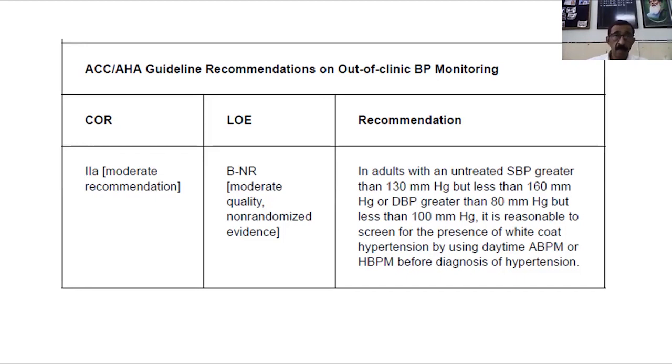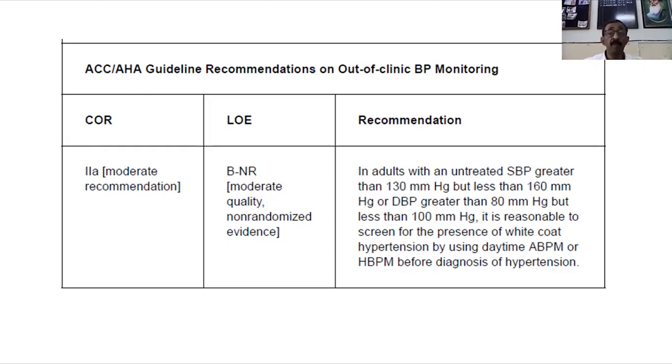Untreated systolic blood pressure between 130 and 160, or diastolic between 80 and 100. So if you have a person who has systolic between 130 and 160, or diastolic between 80 and 100, but is yet to start treatment, is not on treatment, these are the patients where we should focus on whether they really have hypertension or it is white coat hypertension.